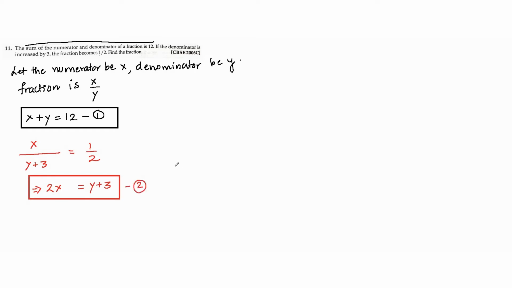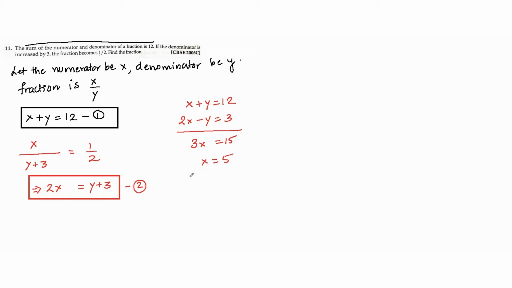So now I need to find the values of x and y. Of course, you can use any technique that you want. I'm going to use the technique of elimination. So I have x plus y equals 12 and 2x minus y equals 3. If I add these two equations, I get 3x equal to 15, which means x equals 5.